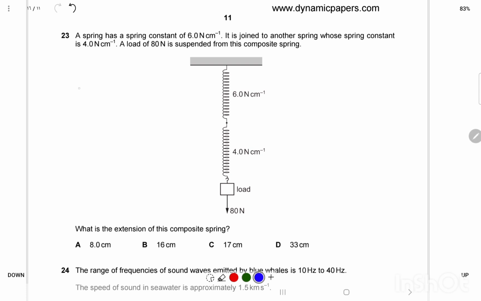We know that according to Hooke's law, force is equal to kx. Now let's apply this to each spring. The load in both cases is 80, so here you have 80 is equal to the constant, which is 6, times the extension, which we don't know.